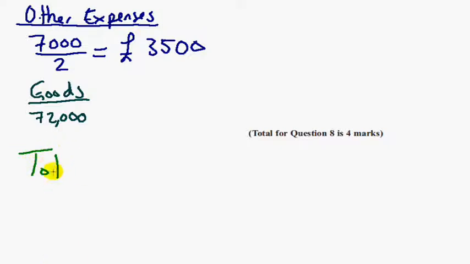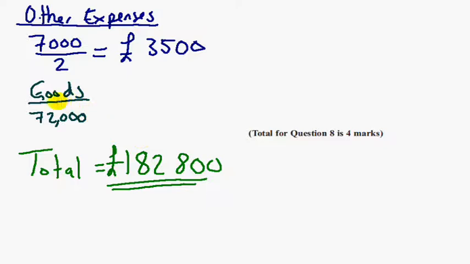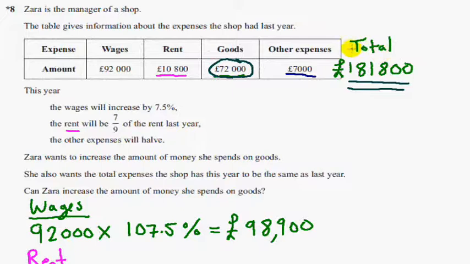So the total for this year is 182,800. So therefore, even with the price of goods being the same as last year, it's already more than the amount of money she spent last year.